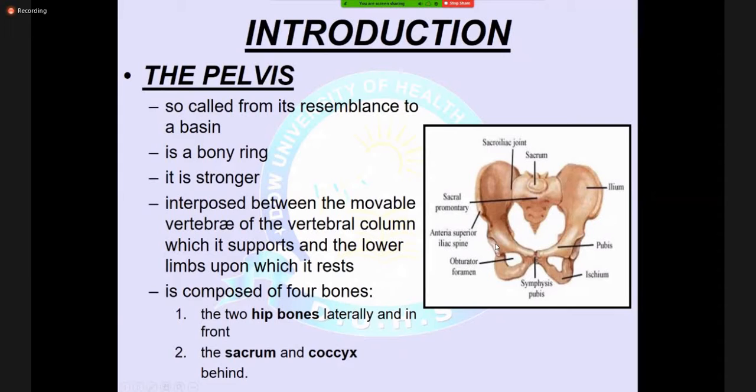All in all, it's a tough, stout bone with the sacrum intervening between the posterior ends of the innominate. On top of the sacrum, you can see the articulating surface for the lower lumbar vertebra. Below, you can see the coccyx over here. These are the ischial spines projecting within the cavity.